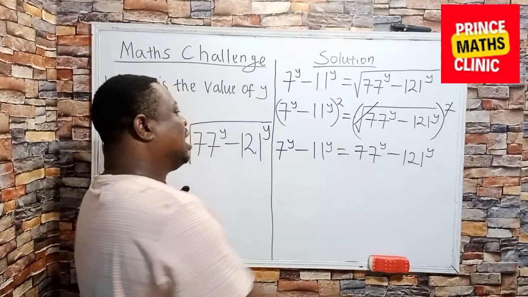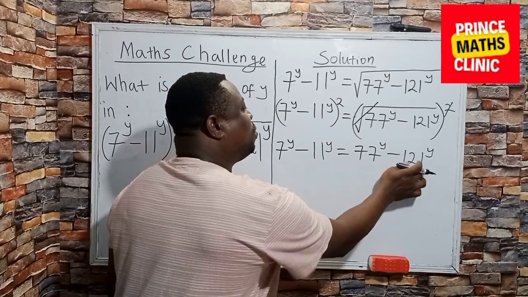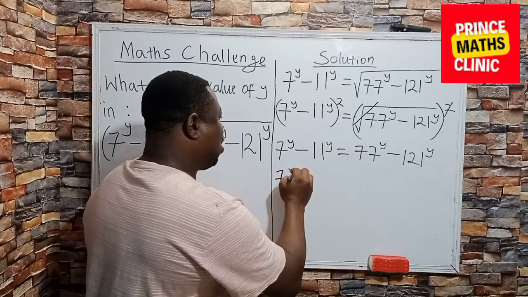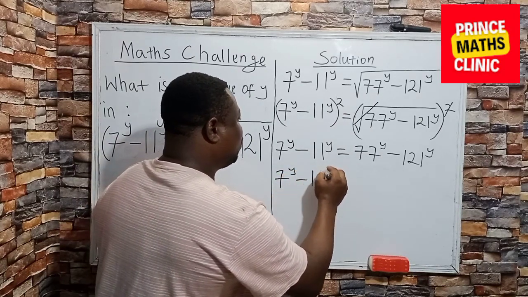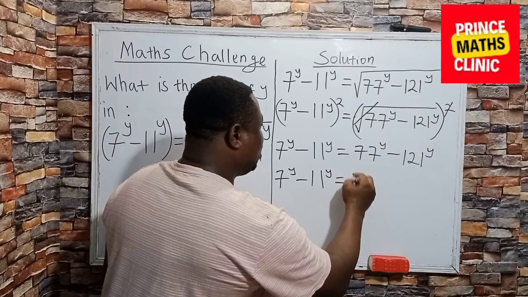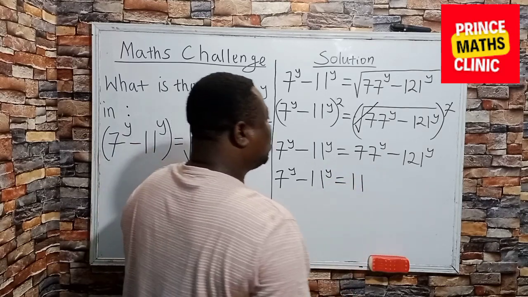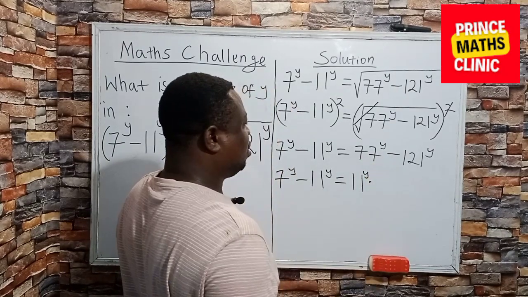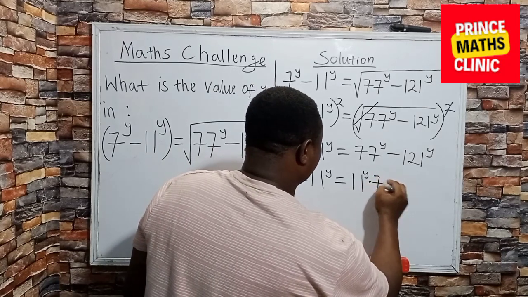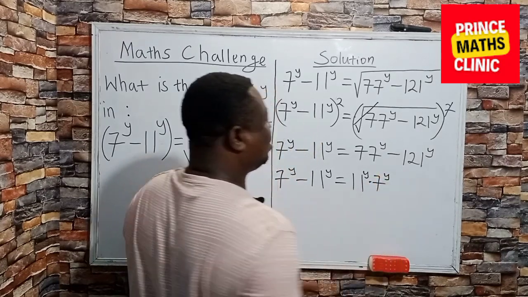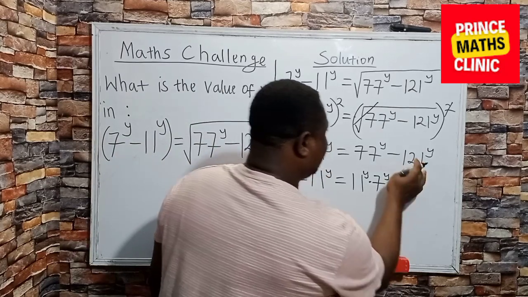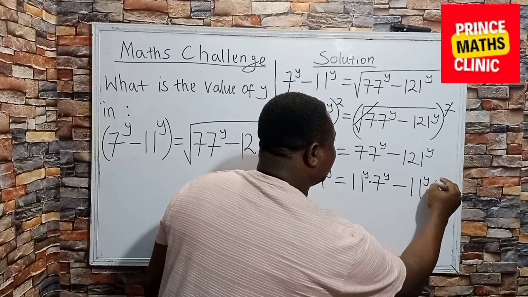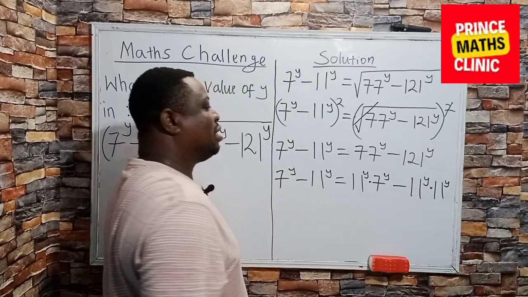Interesting thing here is this. I can factor out 11 from both here and here. This can be written as 11 to the power of y times 7 to the power of y, and this can be written as 11 to the power of y times 11 to the power of y.